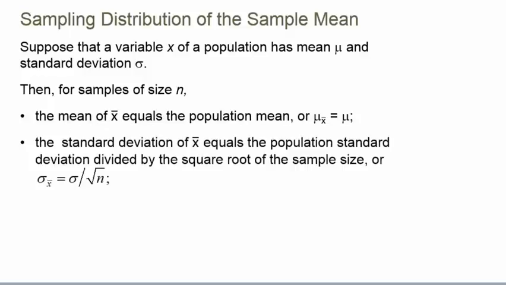The standard deviation of x bar, the sample mean, equals the population standard deviation divided by the square root of the sample size, n.